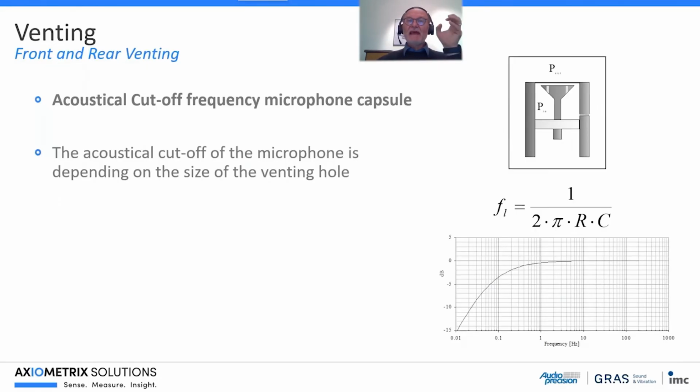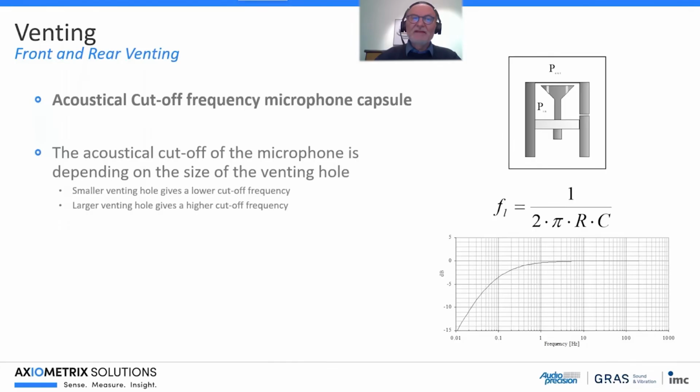But the venting will also take care of the acoustical cut-off frequency of the microphone capsule. The acoustical cut-off frequency of the microphone depends on the size of the venting hole. A smaller hole gives us a very, very low cut-off frequency, almost DC.